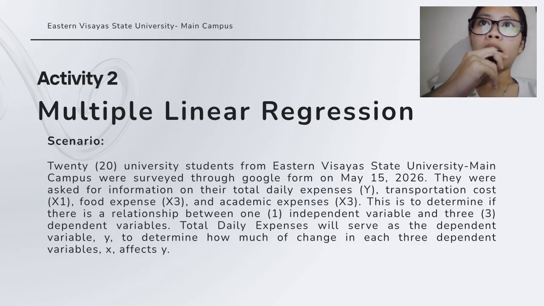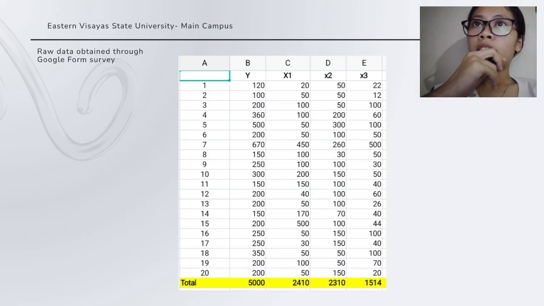So for the next slide, we have here the raw data that we obtained through the Google Forms survey. So we have 20 students surveyed, our n is equal to 20. Then we have y, which is the total daily expenses of each student, and x sub 1, x sub 2, and x sub 3.